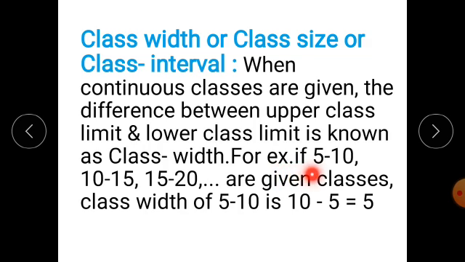For example, if 5 to 10, 10 to 15, 15 to 20, etc. are given classes, the class width of 5 to 10 is 10 minus 5, equal to 5.